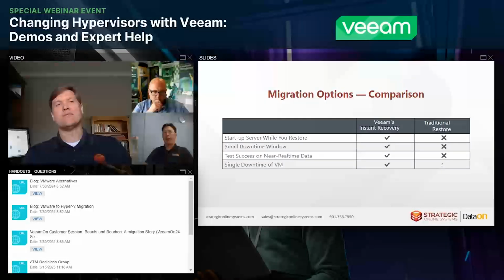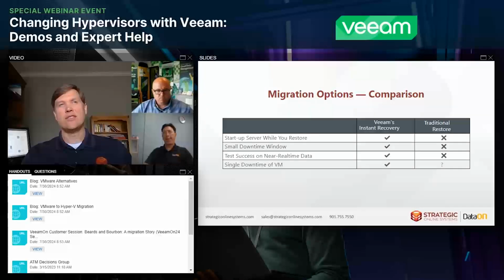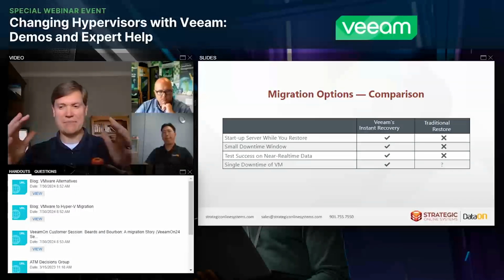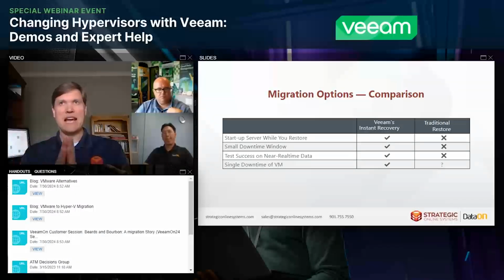Sure. So there's a lot going on that I think about with specific examples. When we first started using what they called instant VM recovery at the time, now called instant recovery, it was back when I think it was 9.5, and we could take an agent level backup from Veeam.